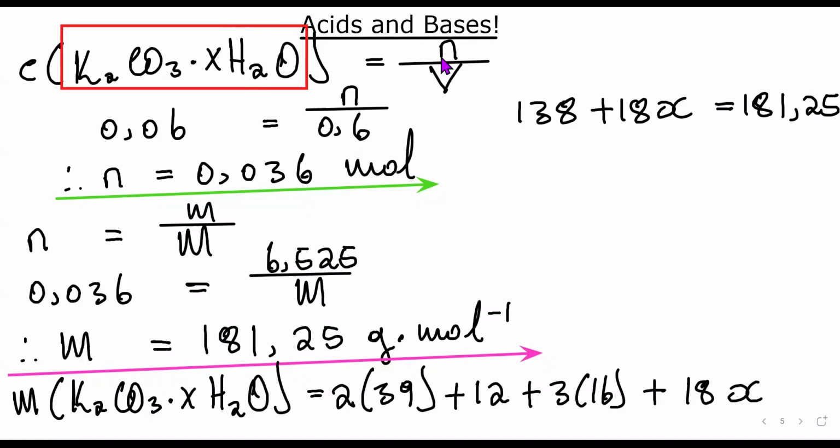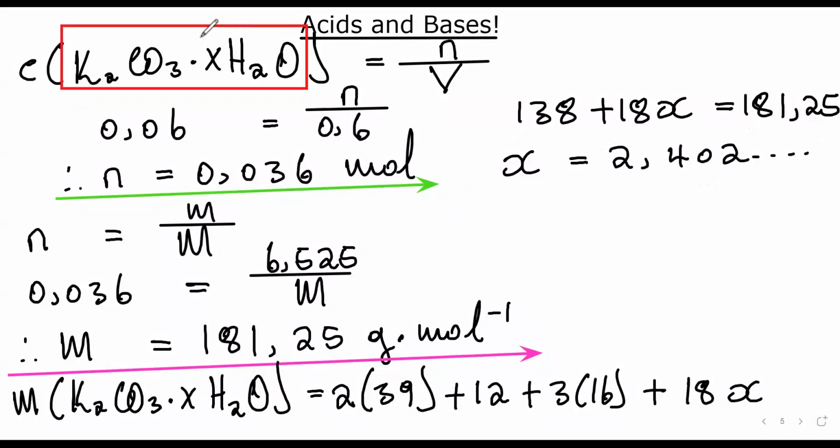Then when you say 181.25 minus 138, divided by 18, we simply find that x is going to be 2.402 and so forth. But your x cannot be a fraction because x is the number of moles.